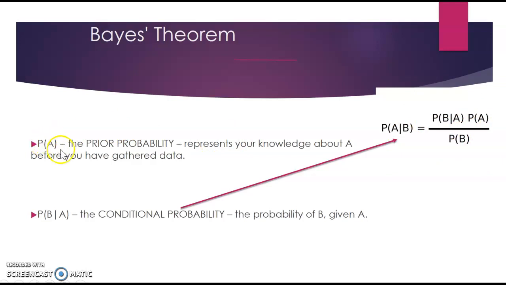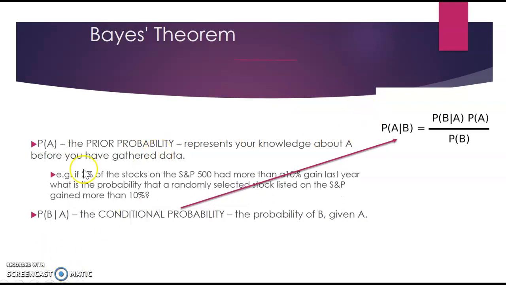So this probability of A is a prior probability. It represents your knowledge about A before you gather any data. And then the conditional probability, what is the probability of B happening given that A has happened? So it's a function of your knowledge of A. What are examples of this?